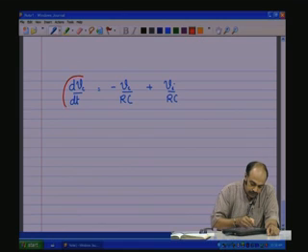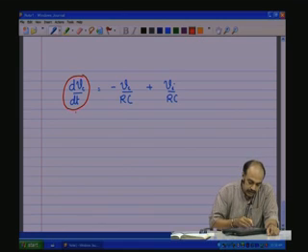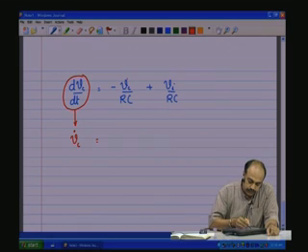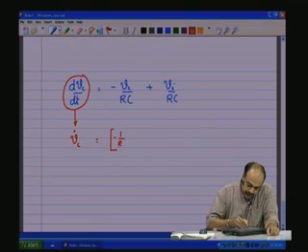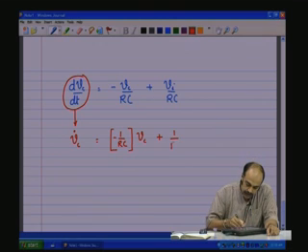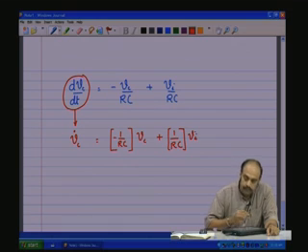So, this is dVc by dt, which is Vc dot, equals minus 1 by RC into Vc plus 1 by RC into Vi.